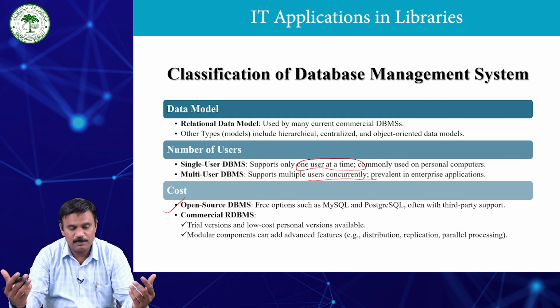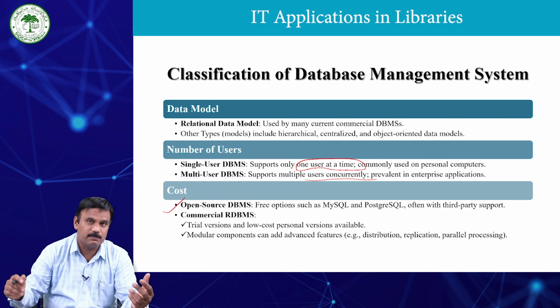One is open source databases, which are free options like MySQL and PostgreSQL, often with third-party support. Another is commercial database management systems, like commercial relational database management systems, where trial versions and low-cost personal versions are available.